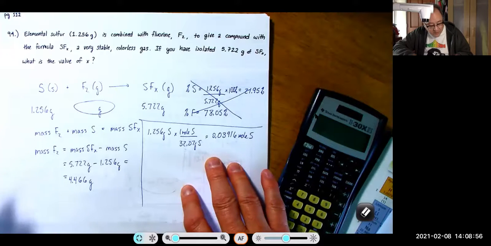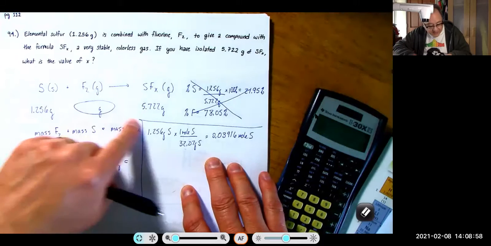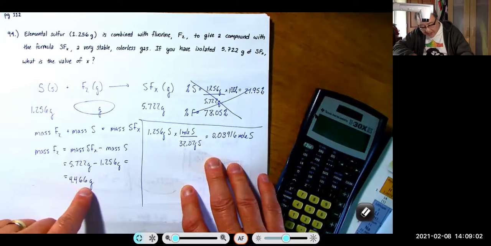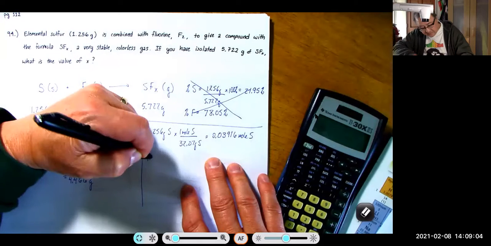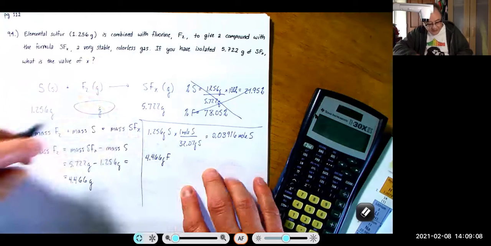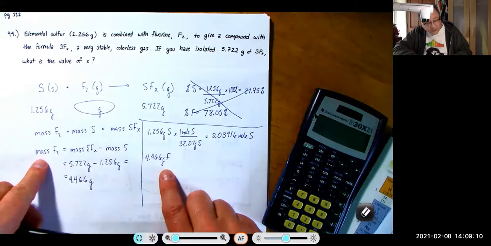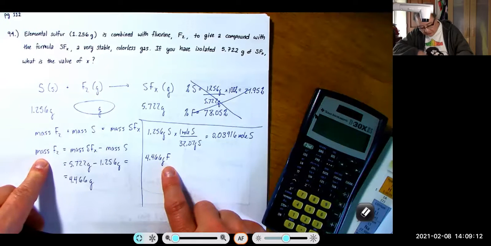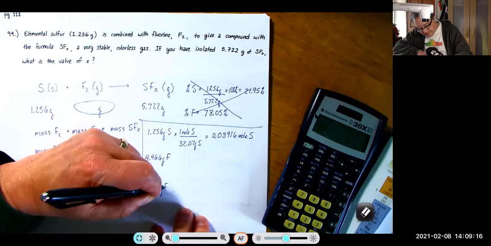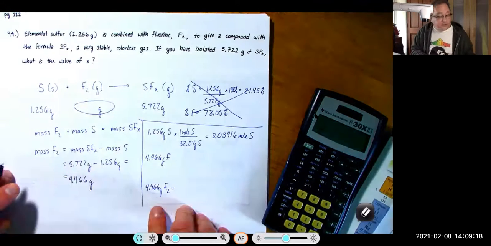Okay. Now we have 4.466 grams of fluorine. And notice this says F2 and I'm doing F. So let's do this, and we'll do it with F2 also.